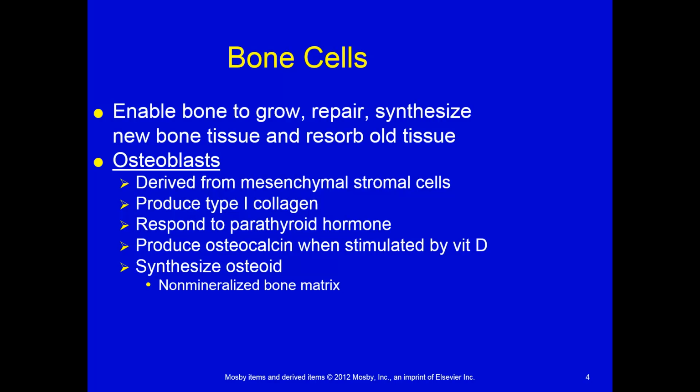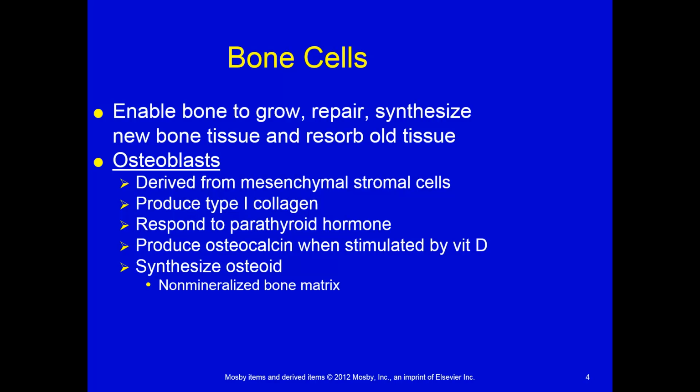They respond to parathyroid hormone. It's interesting that just like our blood cell formation responds to a specific hormone under the umbrella of the endocrine system, so does bone. They respond to parathyroid hormone, because parathyroid hormone does a lot in terms of regulation of what?